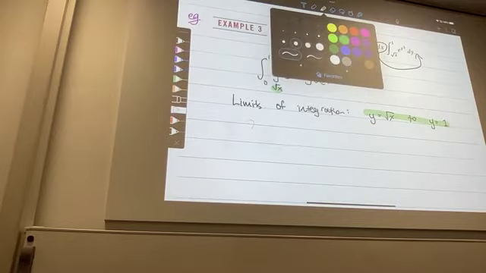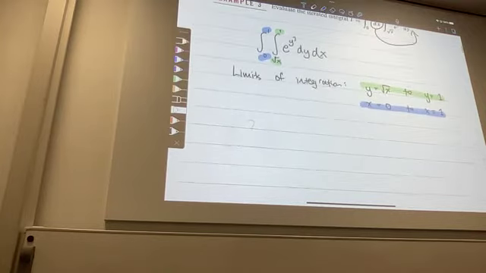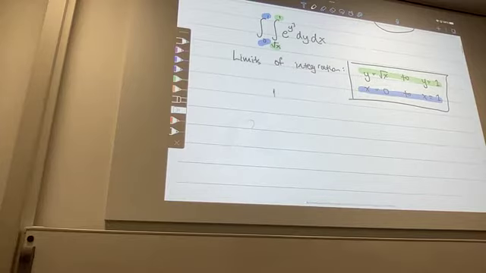And these limits say that x goes from 0 to x is equal to 1. And we'd like to find new limits so that we can integrate with respect to x first. So the trick here is to draw out the region which these 4 lines give us, because that's our domain, and then think about how we rewrite that so that we have x is some function of y instead of the other way around. So let's sketch that.